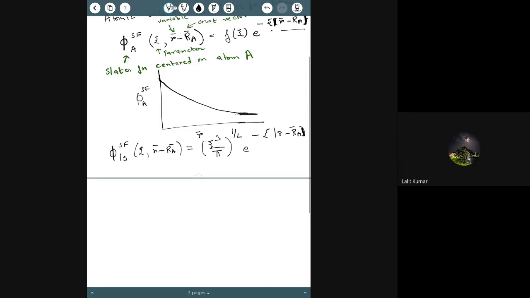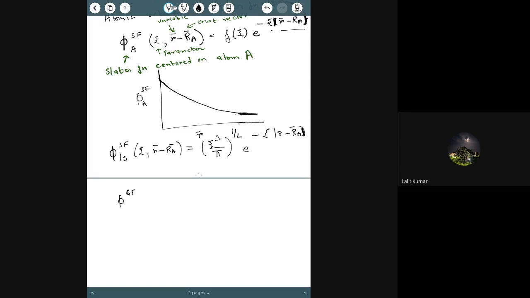So this I know is what the hydrogen 1s orbital looks like, and this xi is different if we are talking about a 1s orbital of a different type of atom. But the more commonly used basis function is a Gaussian function, which looks like this.